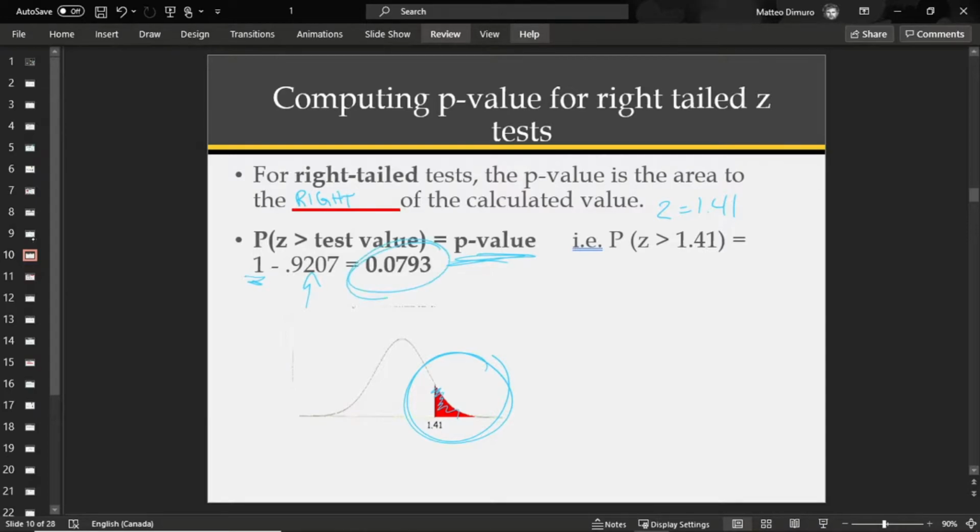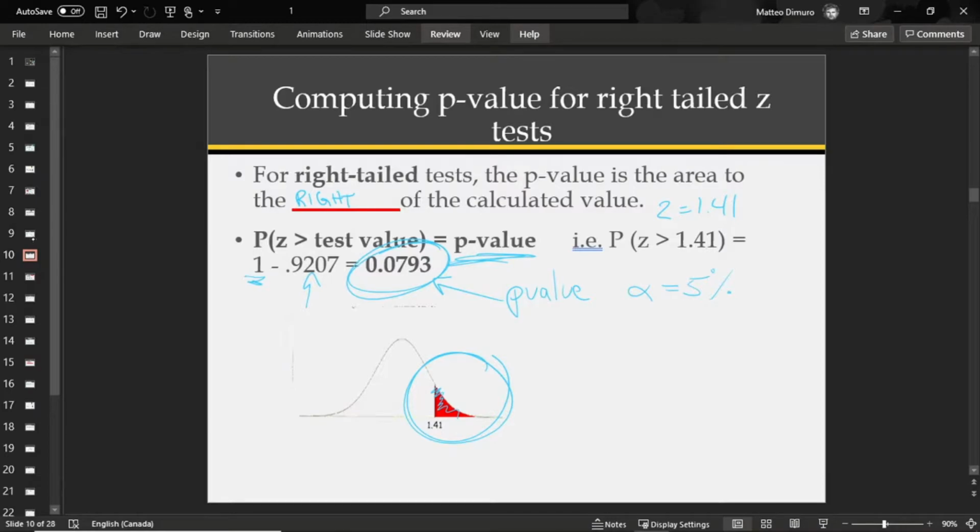So here we go, right there, that would be the p-value. If the alpha value was 5%, you would reject if the p-value is less than the alpha value. In this case, the p-value is almost 8%, so we would not be able to reject H0.